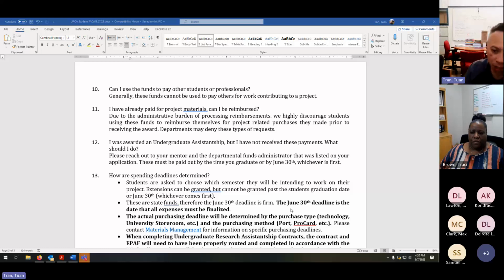And unfortunately, the answer is no to that. Thus, students, when you get that funding letter, hopefully you will work it out with your administrative coordinator in the department that's named, and also your mentor. Make sure that all three of you are on the same page with expenses and deadlines.